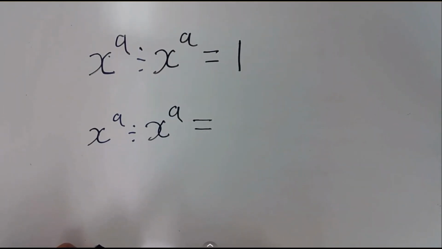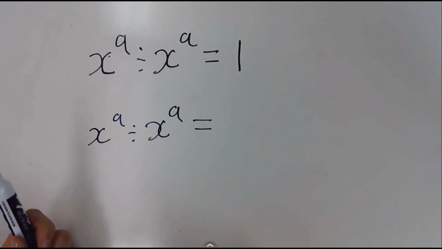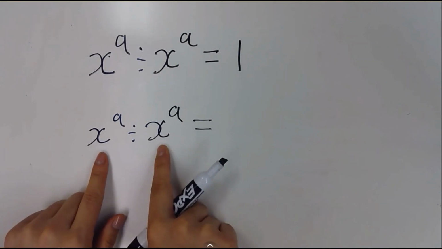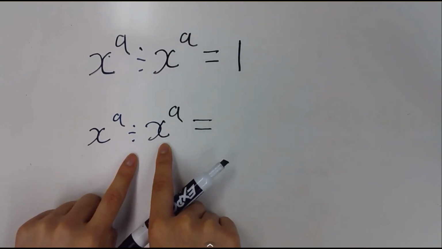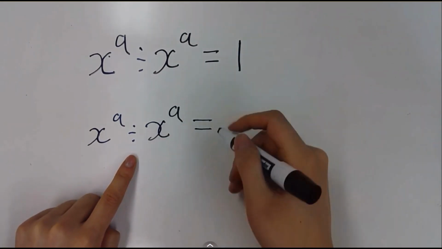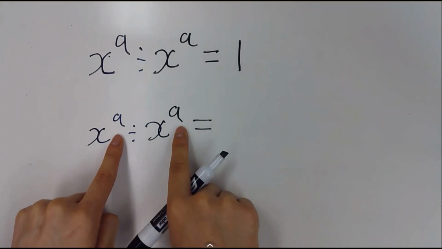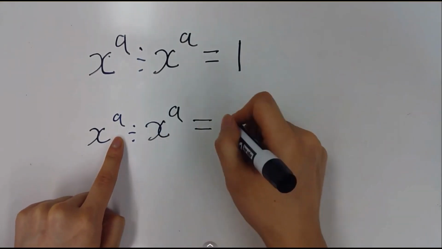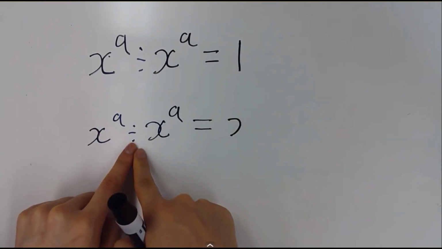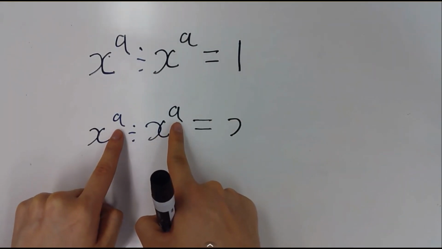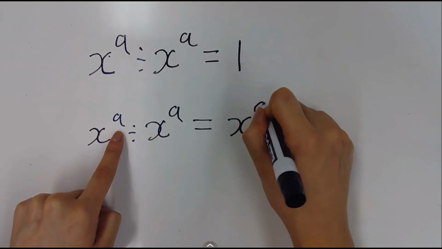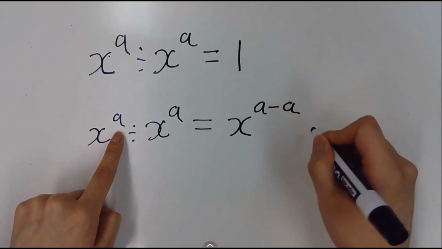And now, let's revisit our previous lessons about exponent laws. So over here, I have x to the power of a divided by x to the power of a, which, according to the quotient rule of exponents, we know that when we're dividing, we have to subtract the exponents. So then we get x to the power of a minus a.